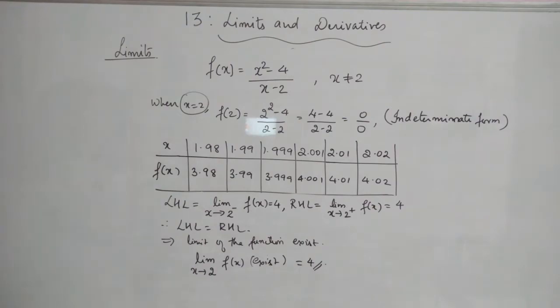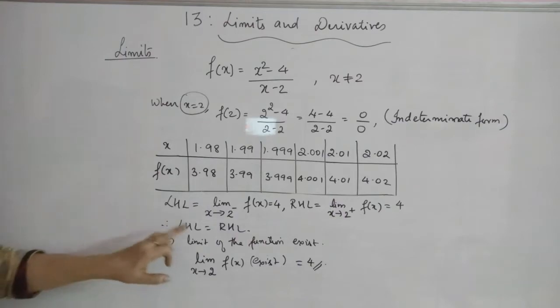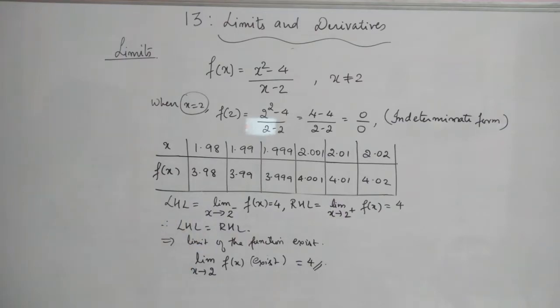Clear? So when we say that a function has a limit, or the limit exists, it is when the left hand limit is equal to the right hand limit.